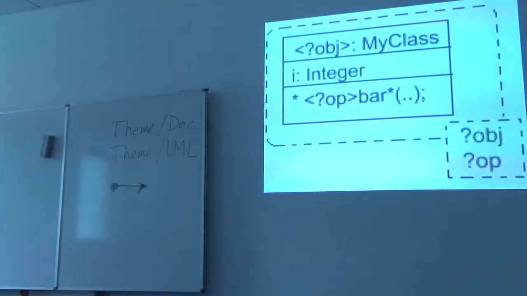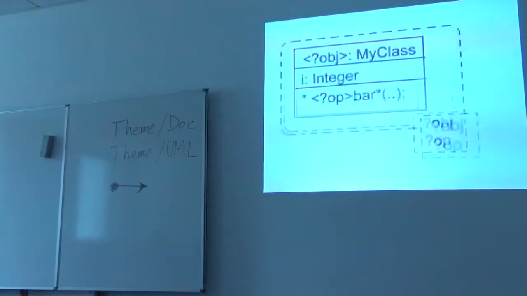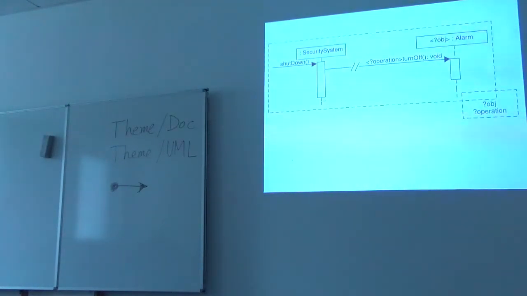So this is a simpler structural point cut, where we capture all the objects of a certain class. Like this. Maybe I should have used these angled brackets as well here.